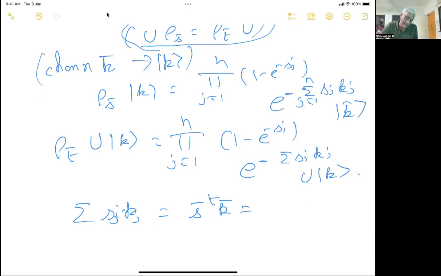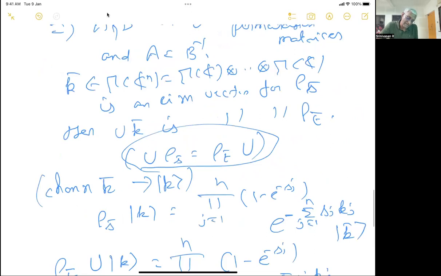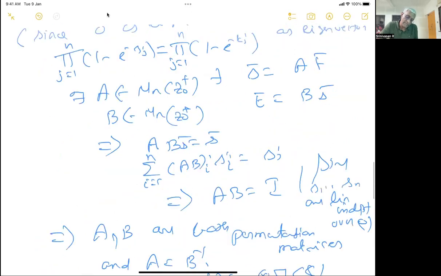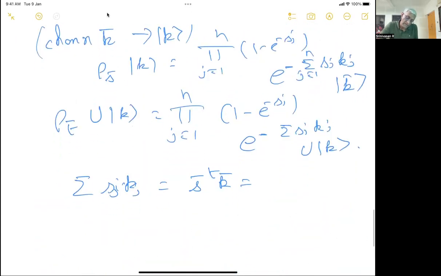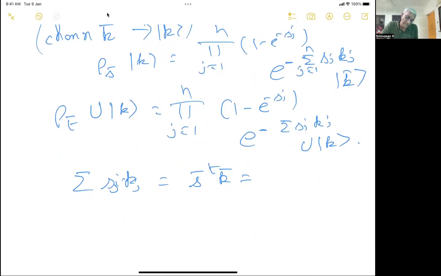A times T bar, right? So this will look like T bar transpose, this small t is transpose, not the same T, A transpose K bar.